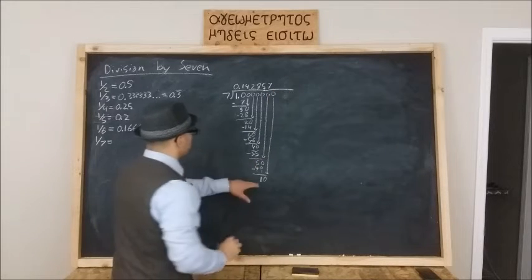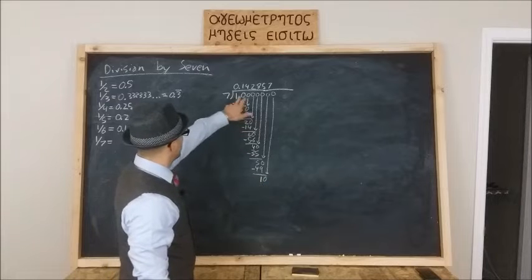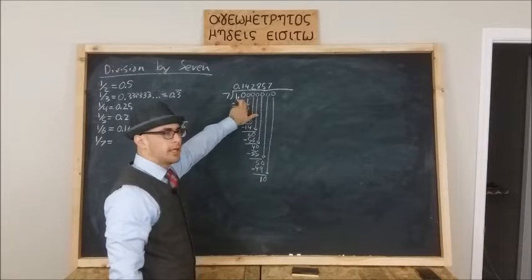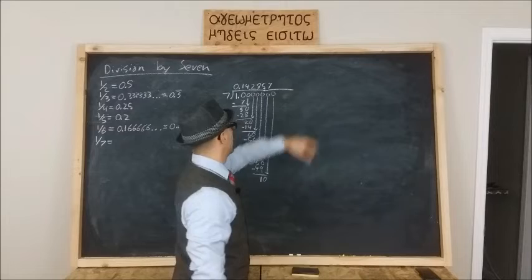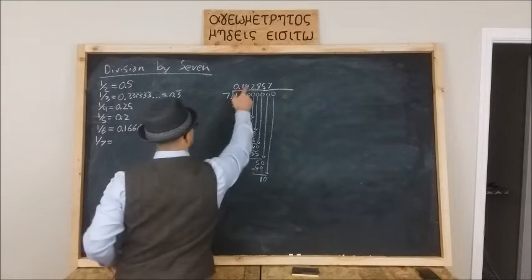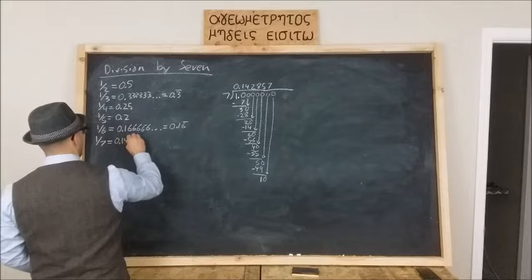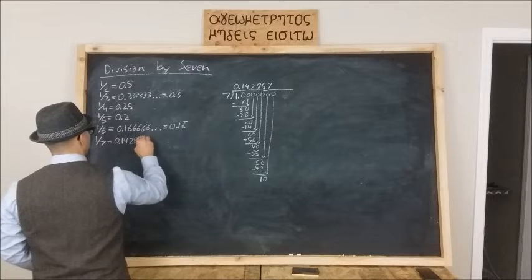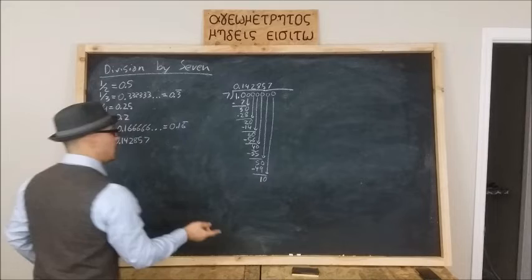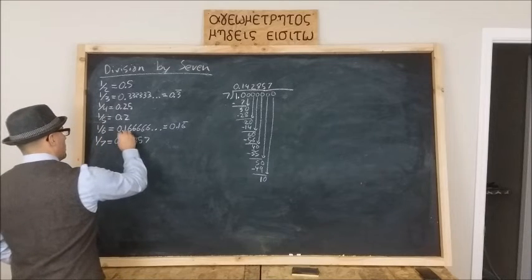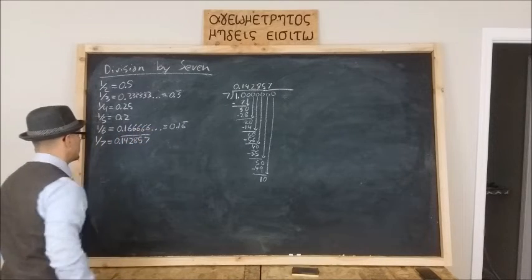It's 10. I'm back where I started with this 10. So the pattern repeats. That's 1 divided by 7 is 0.142857 repeating. So I'm going to put a bar over all of these digits.